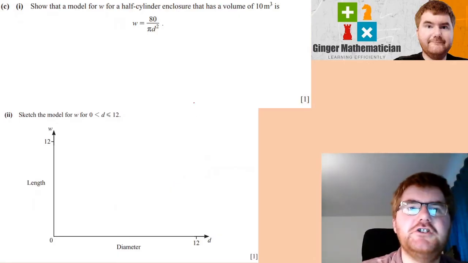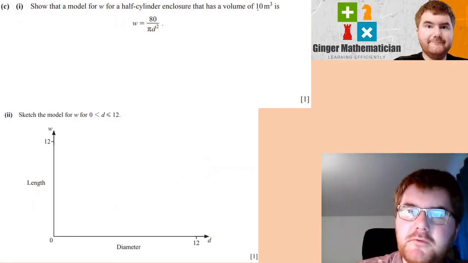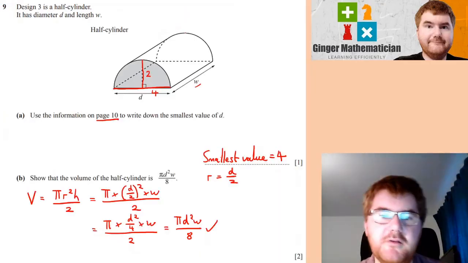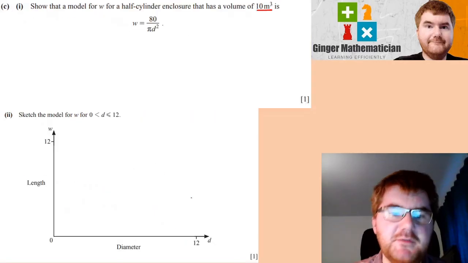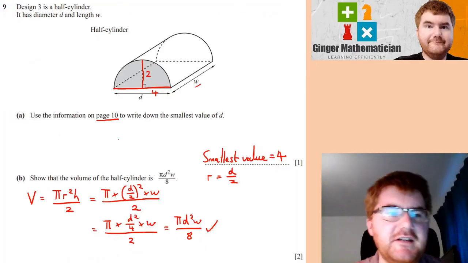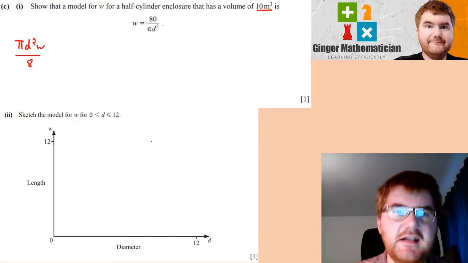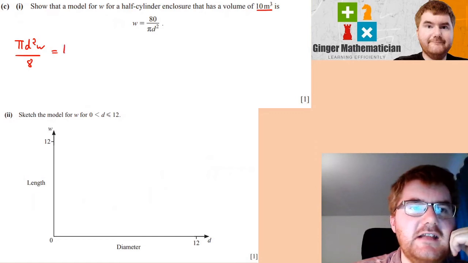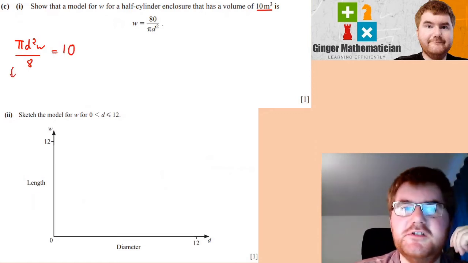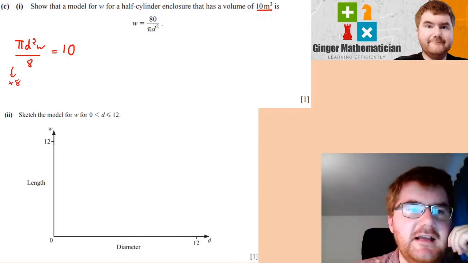And now we need to show the model for W for a half cylinder enclosure that has a volume of 10 cubic meters is this. We do this in a very similar way to a previous part of the question. So we take pi d squared W over 8. So even if you didn't get B right, we can still use it. And we're going to make that equal to 10. And we go through our usual equation solving here. So what's the opposite of dividing by 8? We times by 8 on both sides.